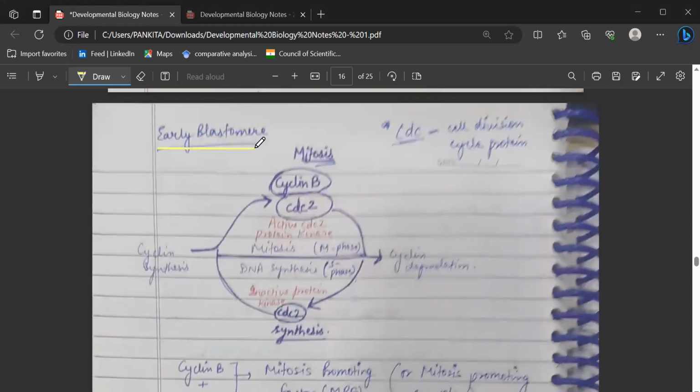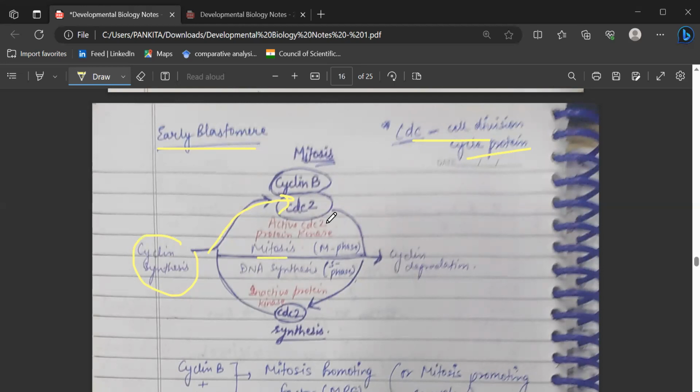If talking about the early blastomere, CDCs are basically cell division cycle proteins. So cyclin synthesis occurs, which takes the cell into the mitosis cycle, and cyclin B and CDC2 are present, which help promote the mitosis phase.